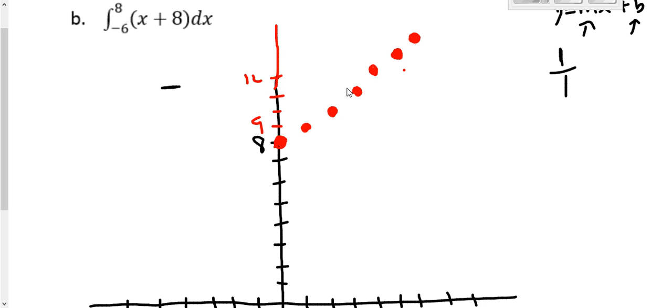This is 1, 2, 3, 4, 5, 6. We need 7 and 8, so 7. So this is 8, 9, 10, 11, 12, 13, 14, 15, and 16. So all the way up here is 16 and 8.